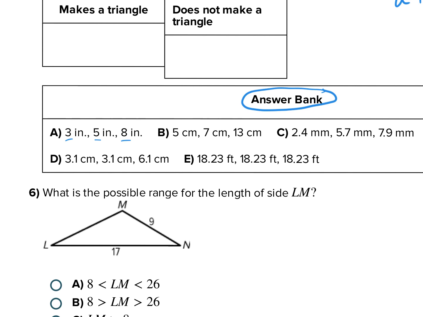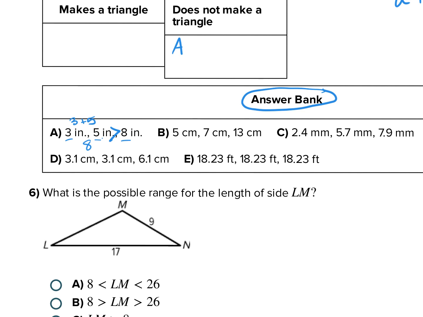Well, 8 is my longest, so that means the sum of my 2 shortest, 3 plus 5, has to be greater than 8. Well, actually, 3 plus 5 is 8, and it cannot equal 8 to form a triangle. So option A does not form a triangle, okay?